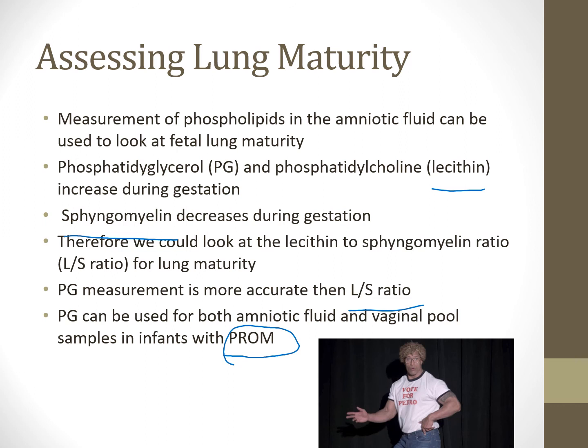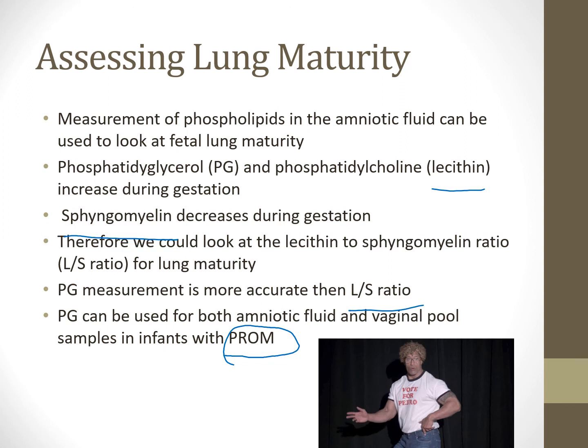Whenever you hear me in other lectures say a PROM mom, that's what I mean. There's nothing else behind that. That baby's usually more prone to infection because the sac around them that's usually protecting them is not intact anymore, so now they're more exposed to infection and things like that.